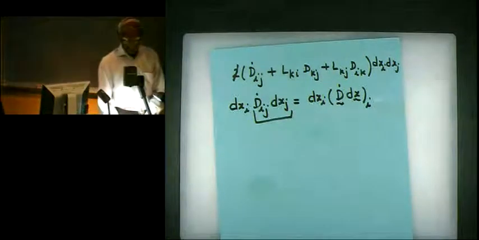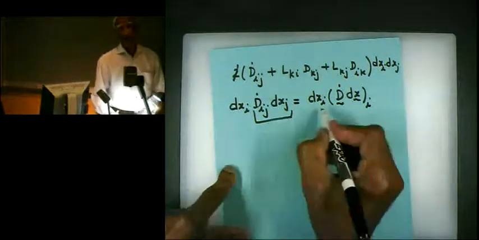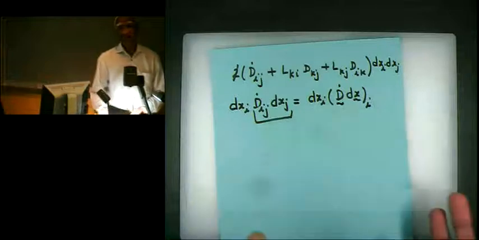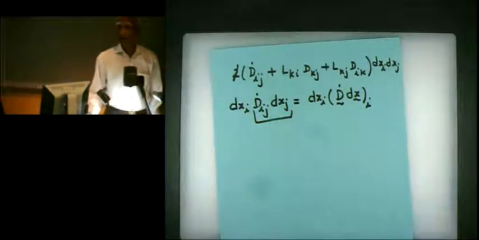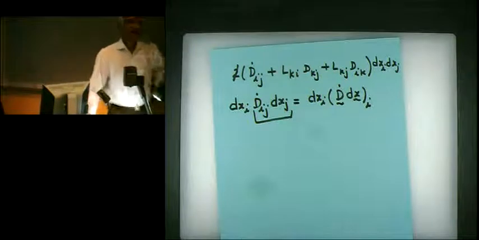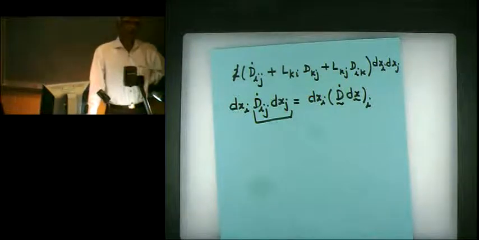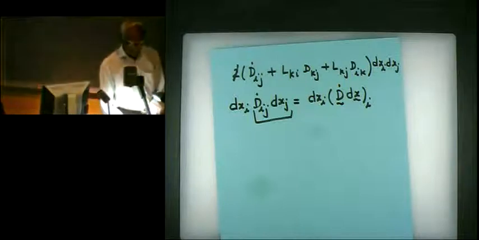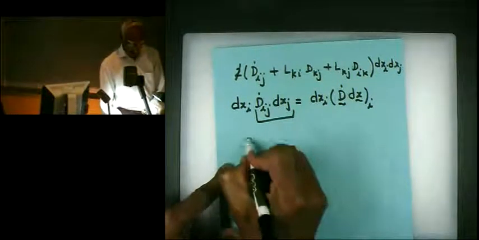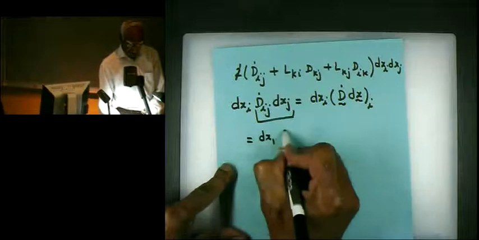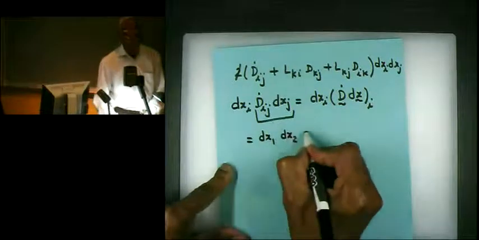So now this is an inner product because you have i and i, and both are vectors. So one of them should be a column matrix and the other one should be a row matrix. So we can write this as dx1, dx2, dx3.